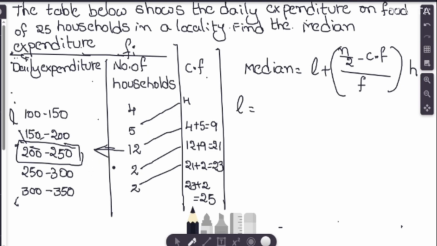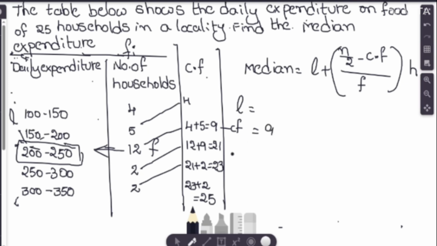Same as we did for mode, the same class interval. The greatest frequency is our F, 12, and the corresponding class interval is the median class, which gives L. Now observe the CF column: the CF preceding the median class is our CF in the formula, that is 9.